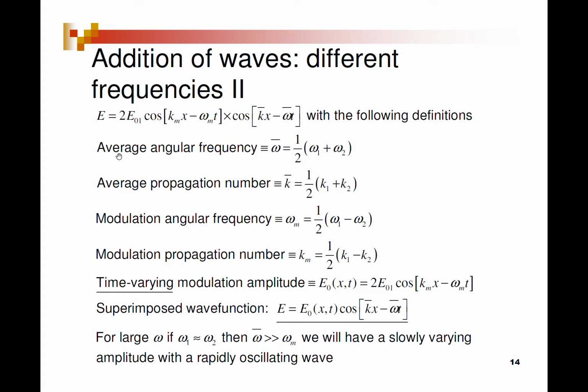And the average angular frequency omega bar is given by this one, km is given by this one. I'm sorry, omega m is this one, km is this one, omega bar is this one, k bar is this one. So what is happening here is that we have a time-varying amplitude and we have this harmonic term.